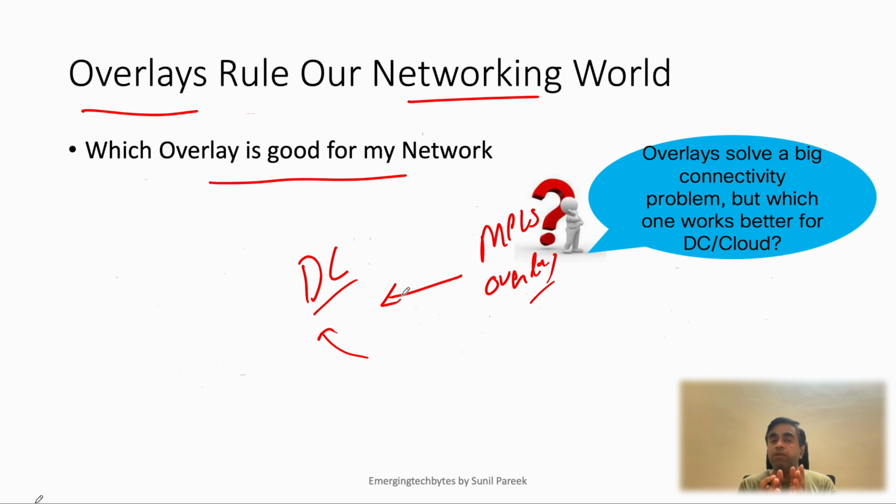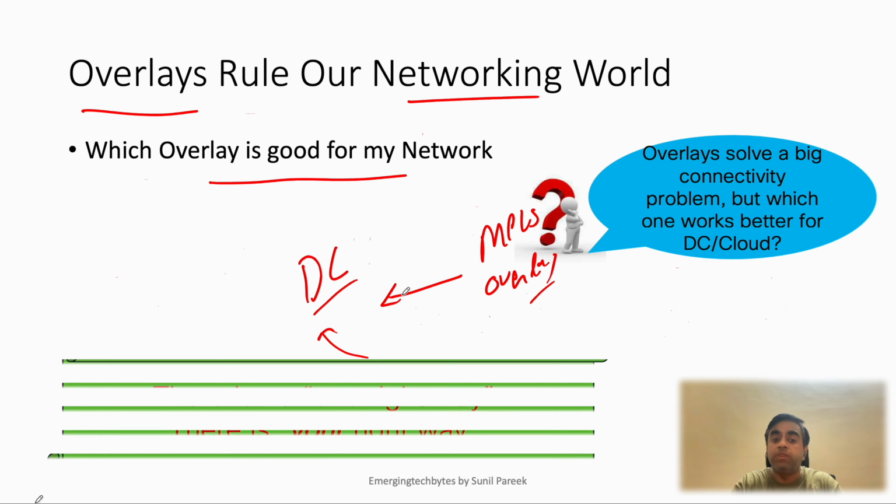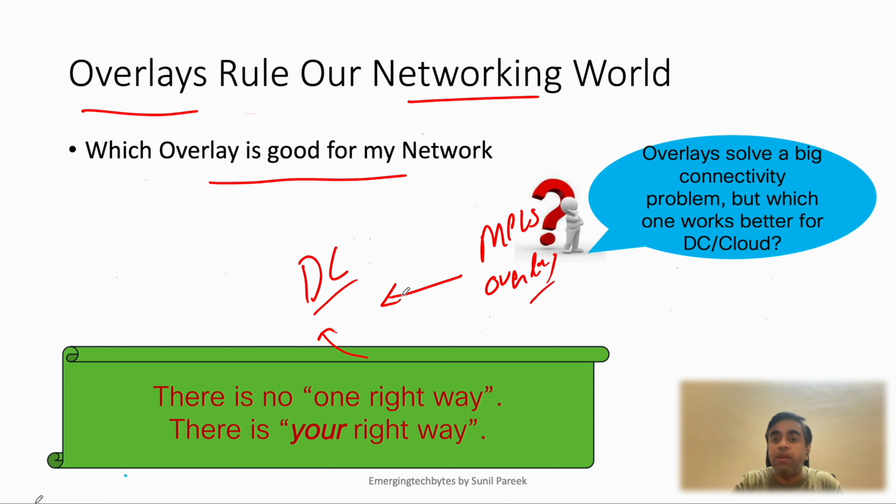Like we used to say for anything in networking, you ask any seasoned architect for some advice, and probably in 90% of the cases their response will be, it depends. So there is no one right way, there is only your right way.